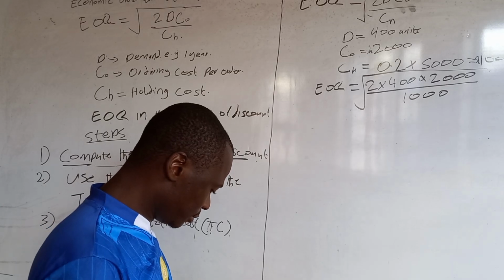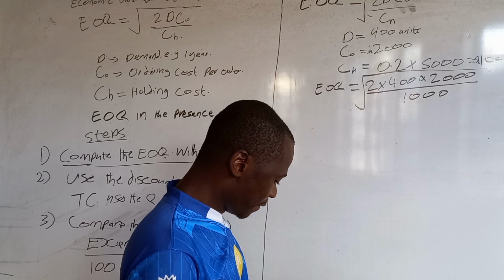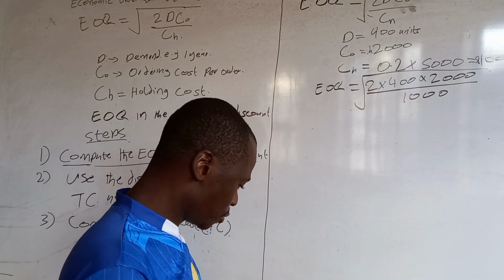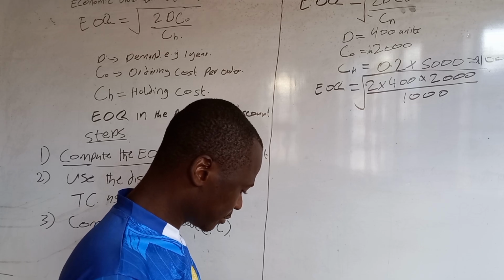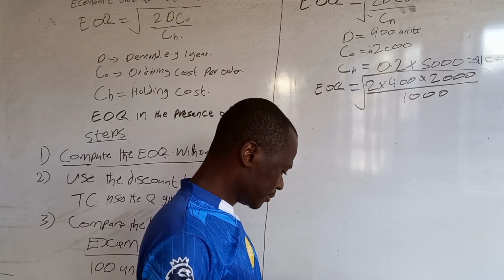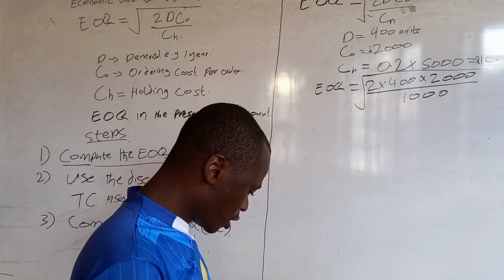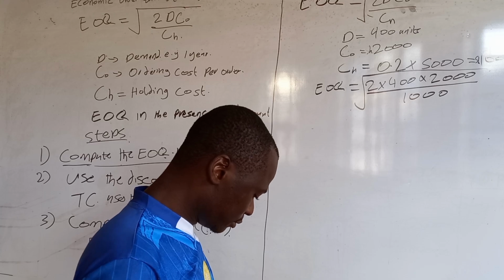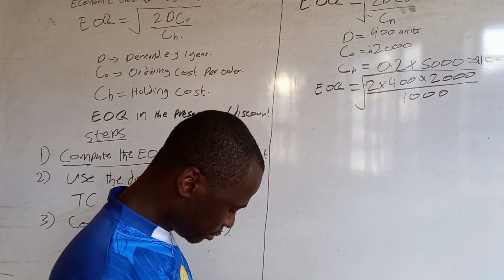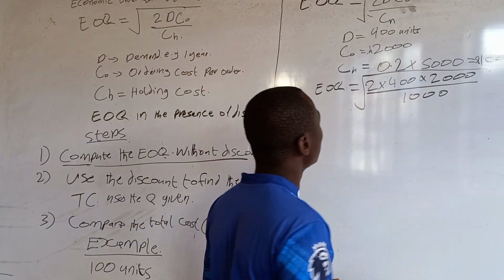That is 2 times 5,000 times 2,000 divided by 1,000, then square root of the answer. No, this is 2,000. I mean 4,000.